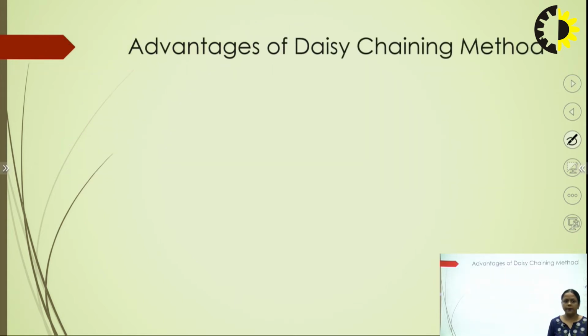Now, what are the main advantages of the daisy chaining method? First one, this is a simple circuit. There are not many connection lines, so that is the simplicity. This is the main advantage of daisy chaining.